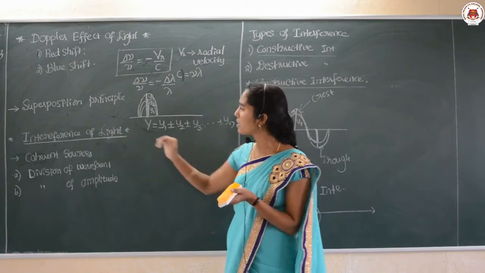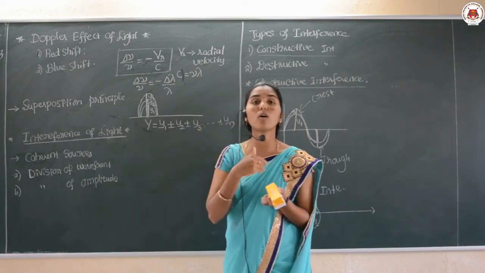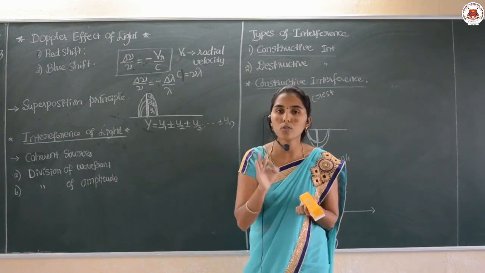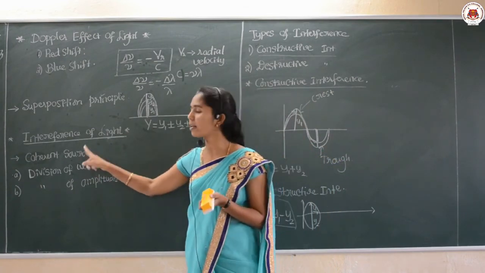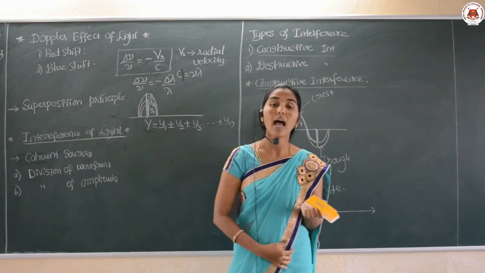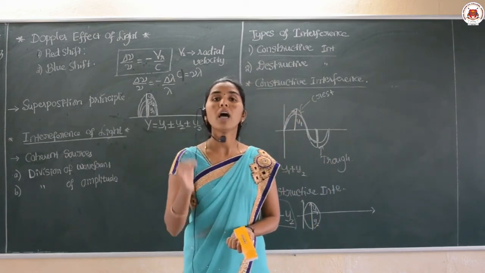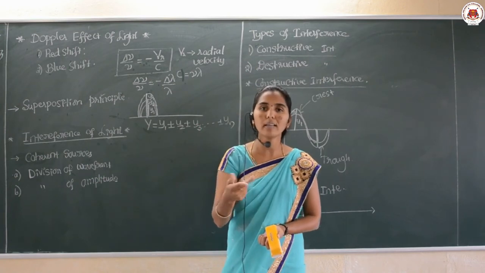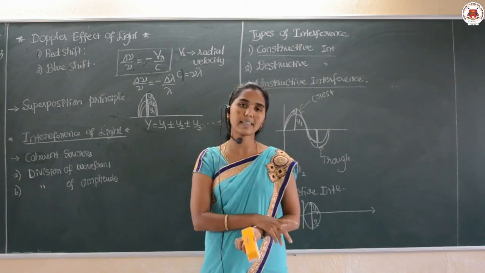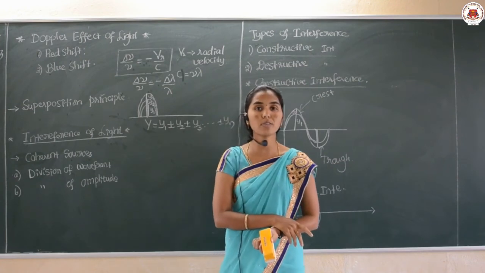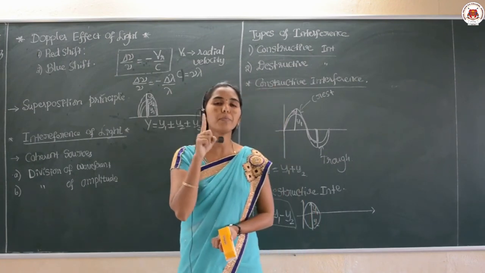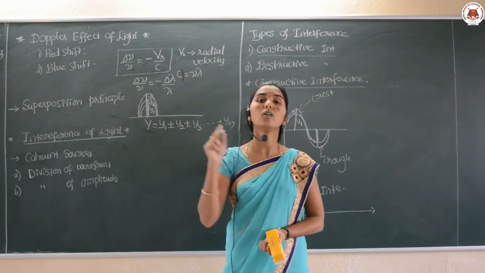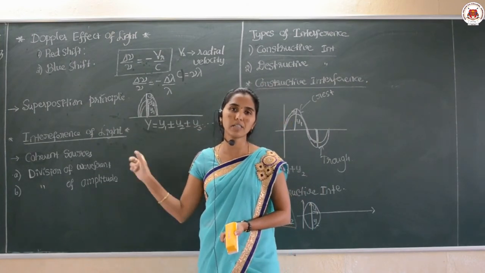And if this interference of the light is to take place, remember what type of sources are required? Coherent sources are required. And one more question may come, how many coherent sources are required for the interference of the light? Remember dear students, minimum 2 coherent sources are required to form the interference fringes.